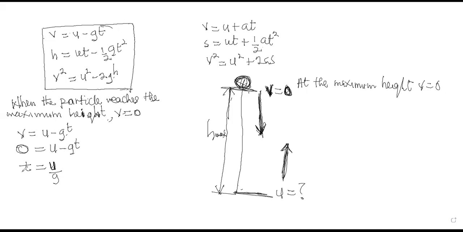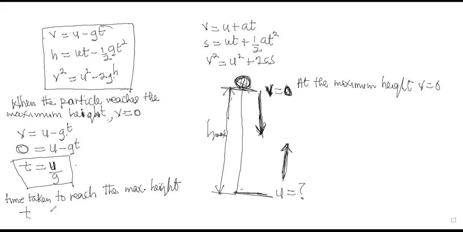Yes. What this simple equation actually means is that if a body is thrown vertically upwards and then gets to its maximum height, the time taken to reach the maximum height, T, is equal to its initial velocity divided by acceleration due to gravity.